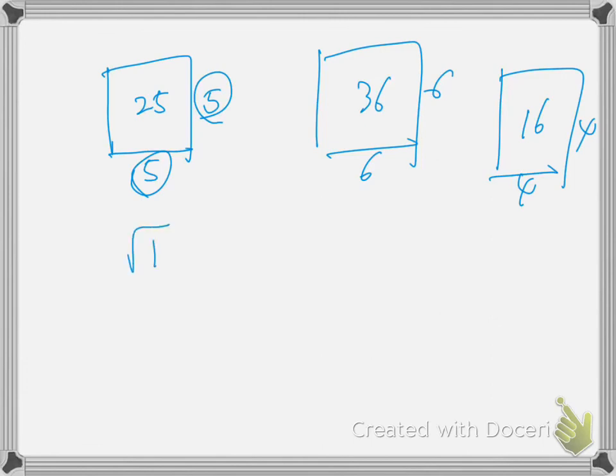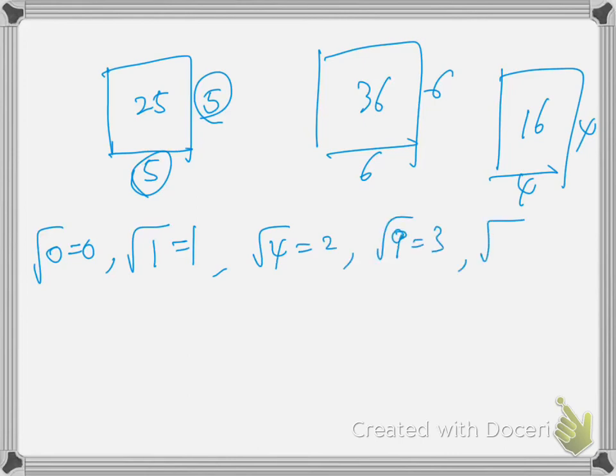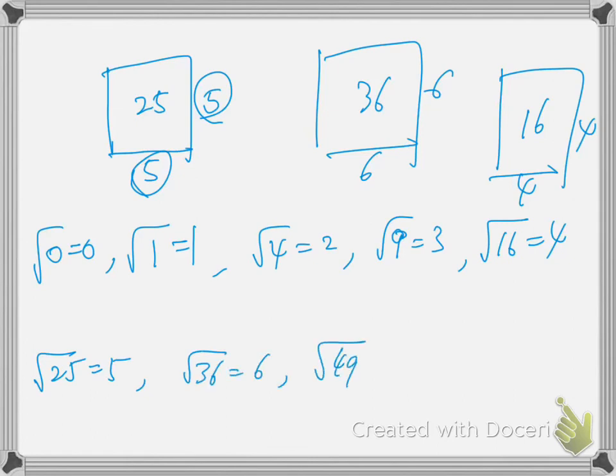That's the square. So the best way is you just remember the square roots. The square root of 0 is 0. 1 is 1. The square root of 4 is 2. The square root of 9 is 3. The square root of 16 is 4. Square root of 25, square root of 36. Just remember the list if you can.